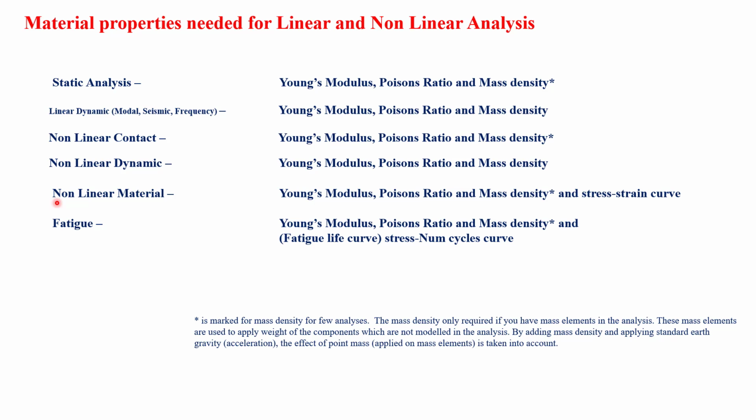For the non-linear material, if you take it, we need the stress-strain curve also for that particular material, very important. For the fatigue analysis, we need all three plus the SN curve, that is stress and number of cycles curve. We have this in FE-SAFE and Abaqus, and for the different software we have these stress versus number of cycles curves.